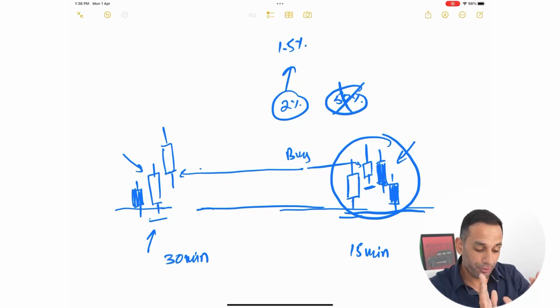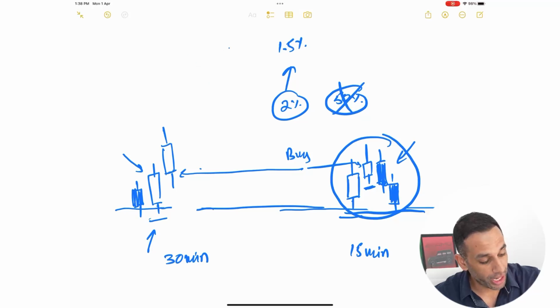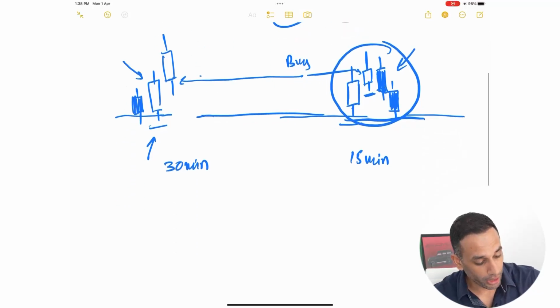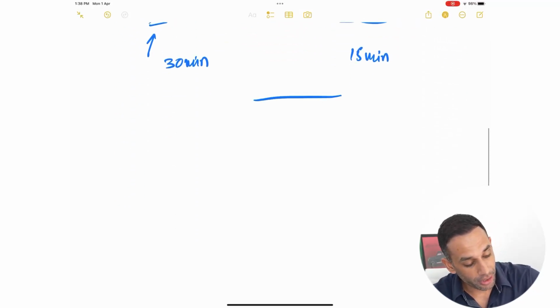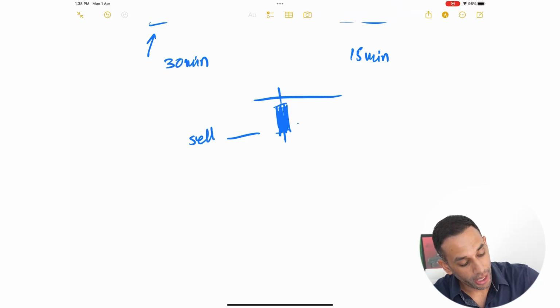If you follow this strategy, it works the same way if you're trying to take a sell. So for example, let's say you're trying to take a sell. This is a bearish candle, and you're taking a sell right over here, anticipating the next candle to continue to push down.